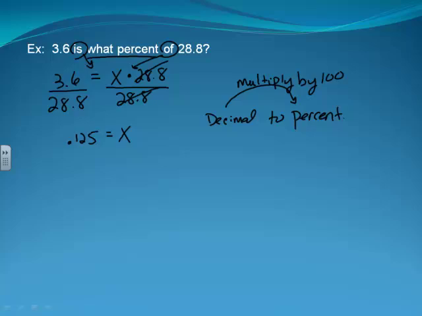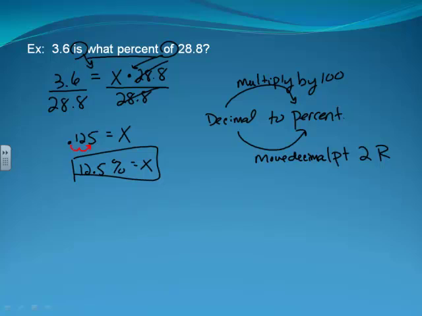Or, if you think about it in terms of moving decimals, when we were going from a percent to a decimal, we moved the decimal point 2 to the left. Now, to go from a decimal to a percent, we're going to move our decimal point 2 places to the right. So over here, if we take our decimal answer, we're going to move that decimal point 2 to the right, which gives us 12.5, and now we can put in that percentage symbol because we converted it to a percentage answer.